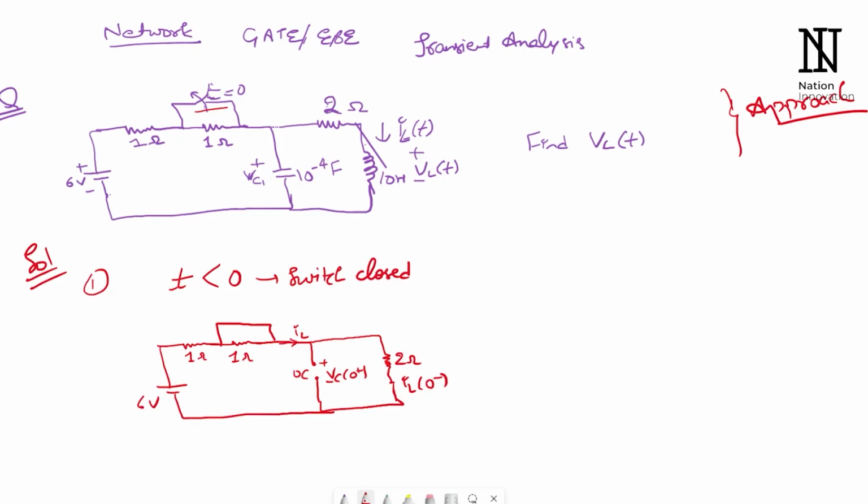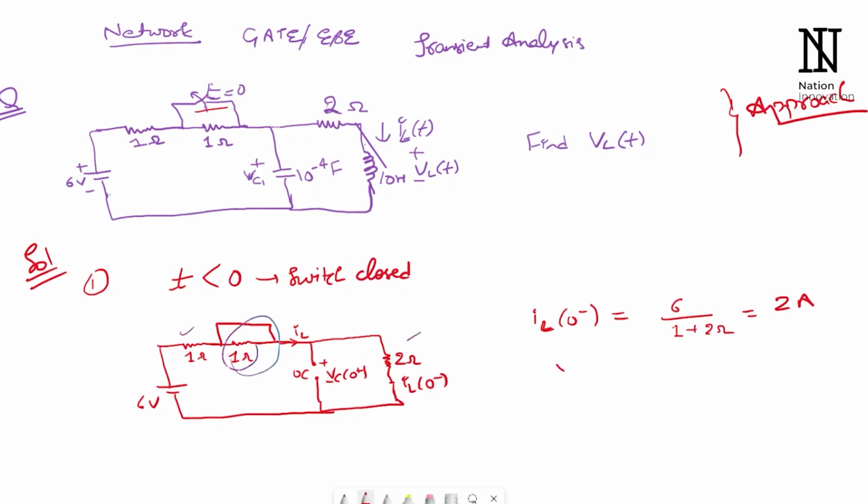If we solve for IL(0 minus), it will be 6 volt divided by 1 plus 2 ohm, because the second resistor is short circuited, so it will not be considered. Only this 1 ohm and this 2 ohm count, and the capacitor is open circuit, so this will be 2 ampere.